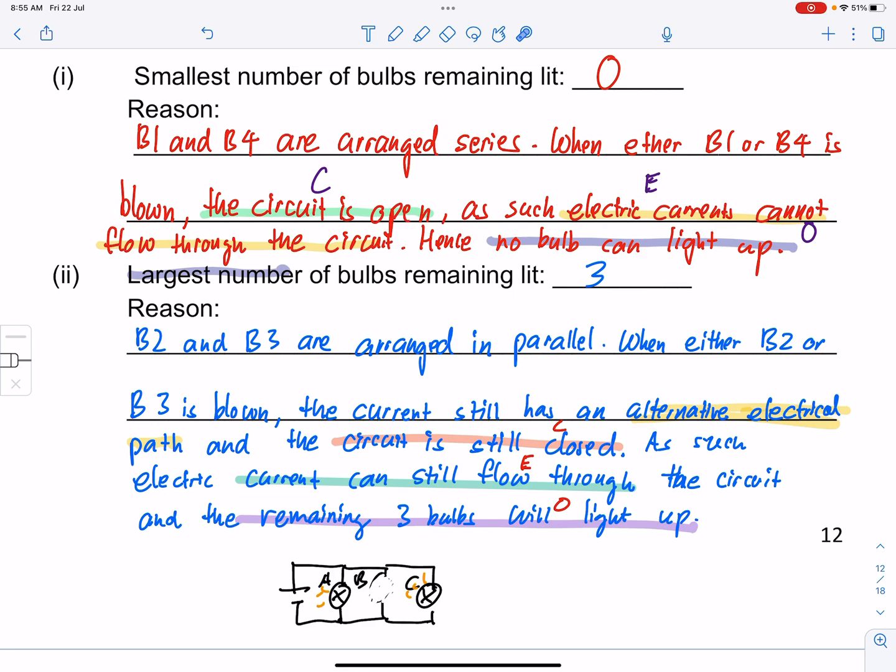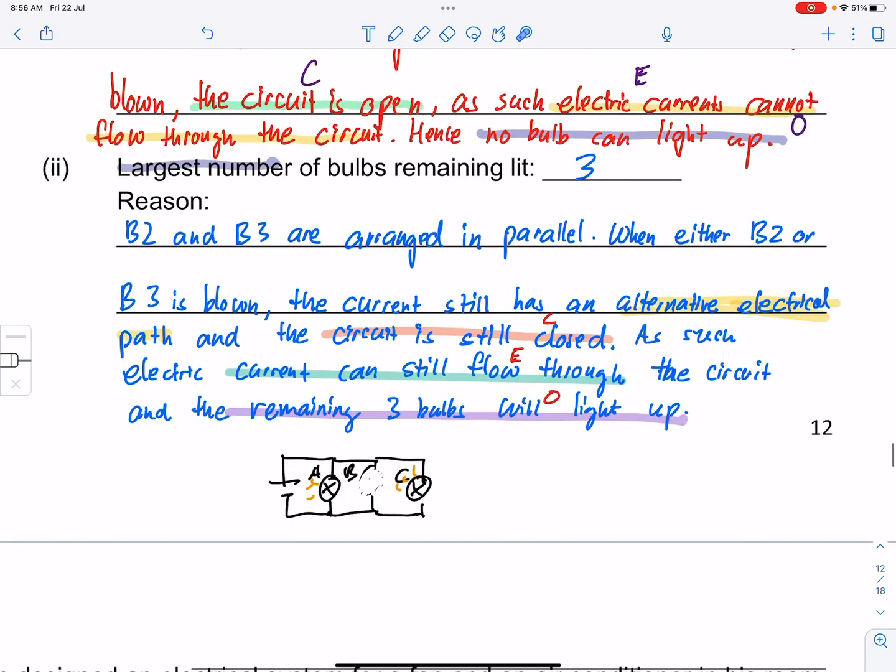And true enough, take a look at your answers now. How many of you did not write down the arrangement? This was an error I spotted even before you did this question. I told you when I was going through my presentation of slides that it is very important to state the arrangement in your answers. Yet many of you did not do so. Okay? Next.